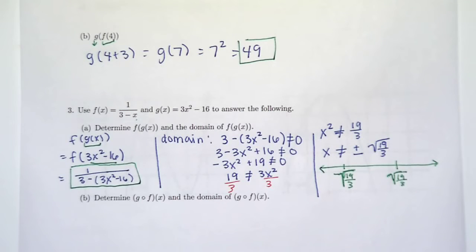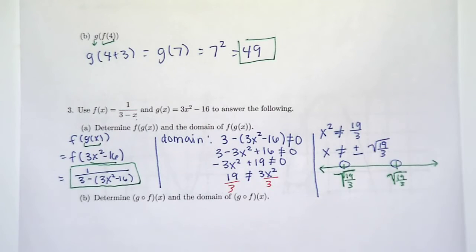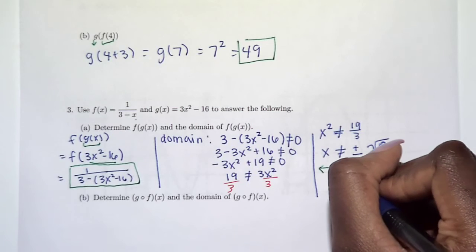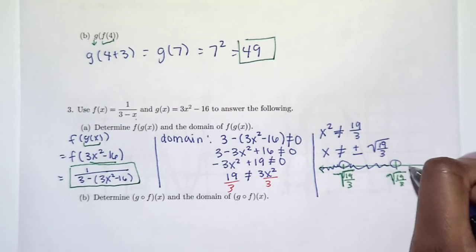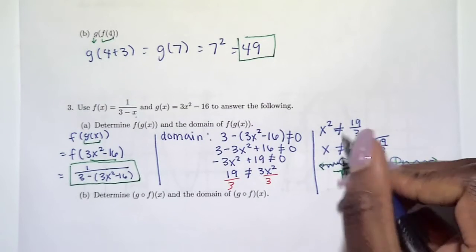Okay, so what did we discover? X cannot equal those two numbers. So that means we're going to do open circles because we will not equal it. But can x be everything else? Yeah, so x can be all of this stuff that are not those. And so now it should be a little easier to write out our domain in interval notation.